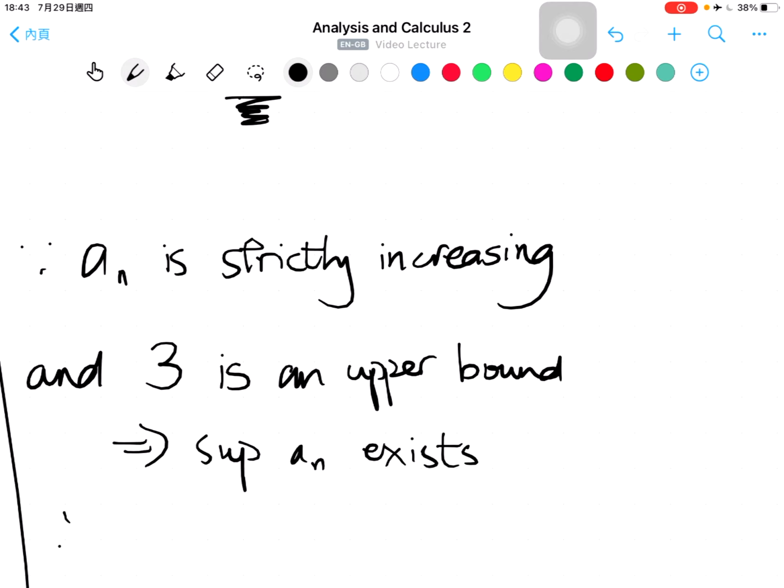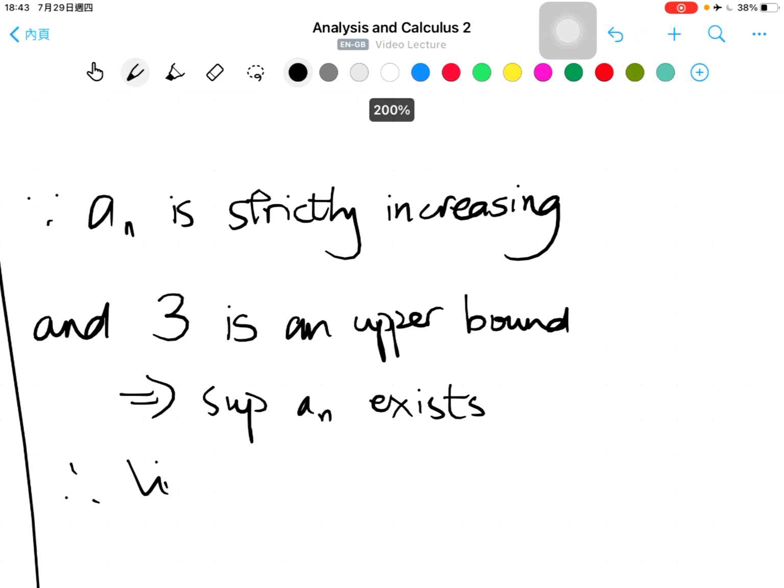Then that means the limit as n approaches infinity of a_n exists.